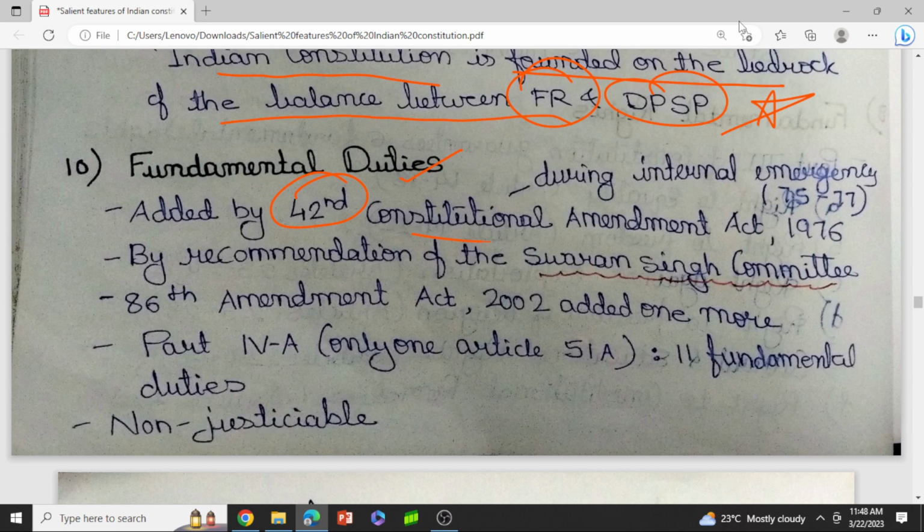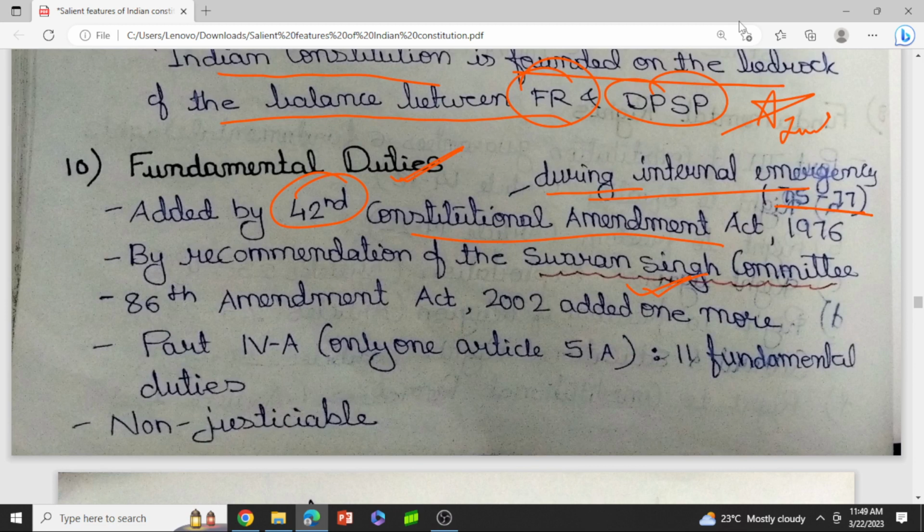Indira Gandhi formed a committee called the Swaran Singh committee, and she wanted them to come forward with certain provisions which will make citizens more responsible. So they recommended fundamental duties. So by the 42nd amendment, these fundamental duties were added.